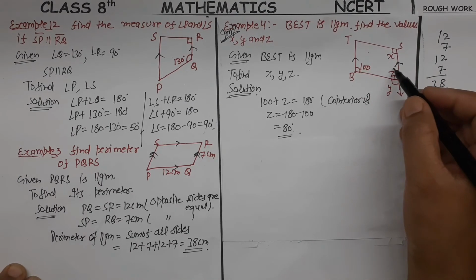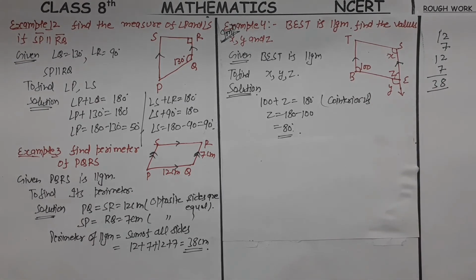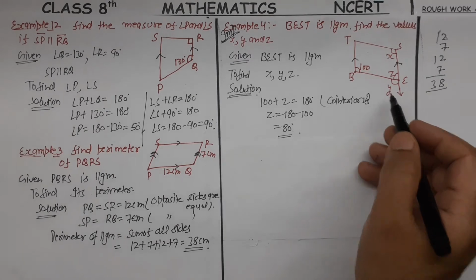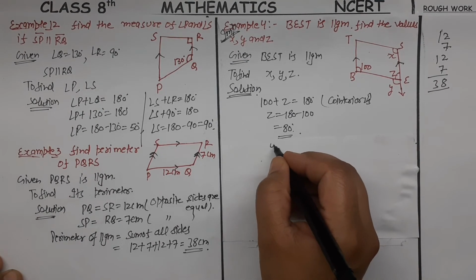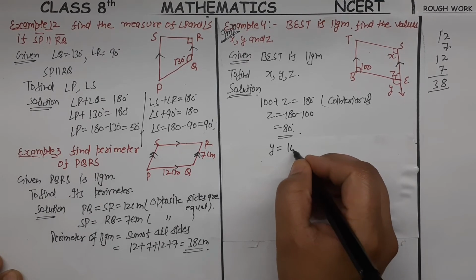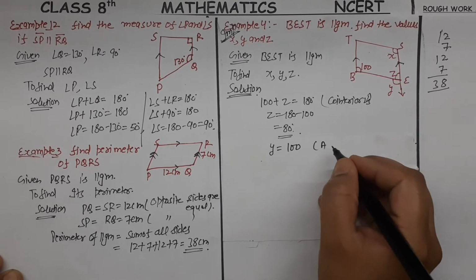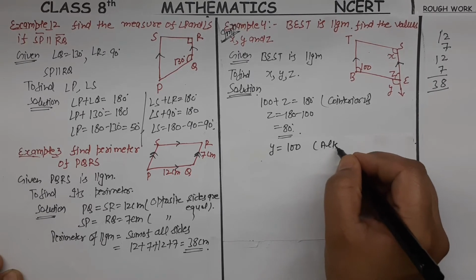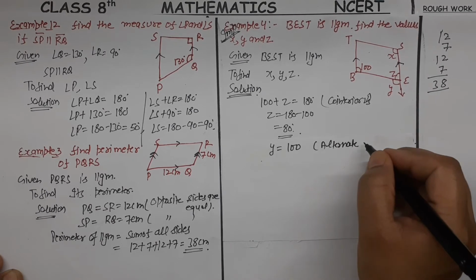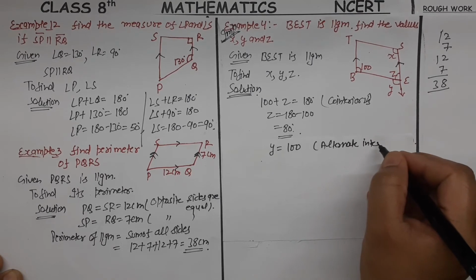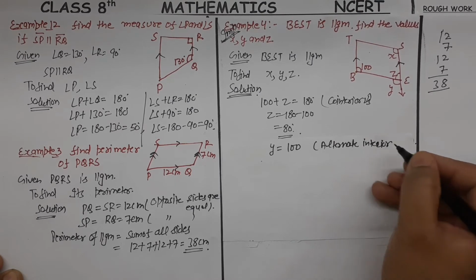BT is parallel to ES. Angle Y equals 100. Reason: alternate interior angles.